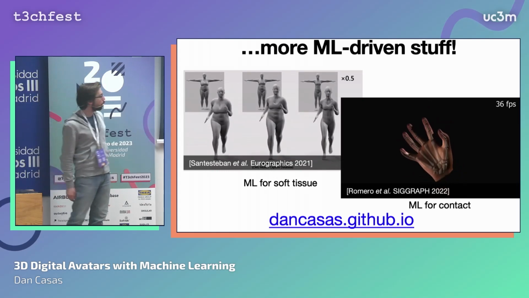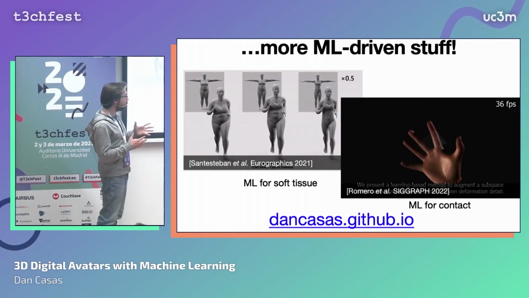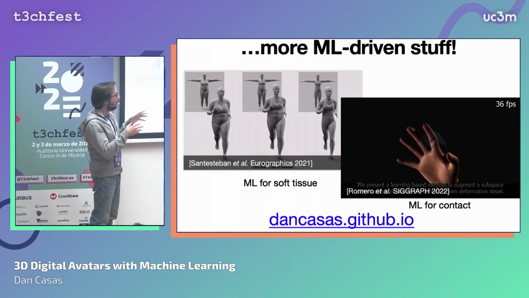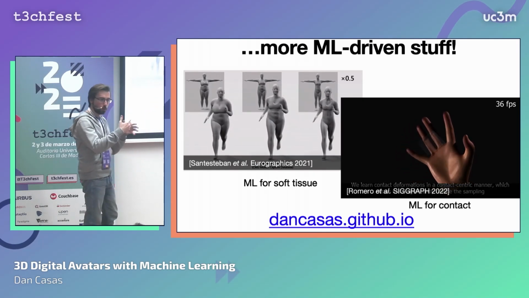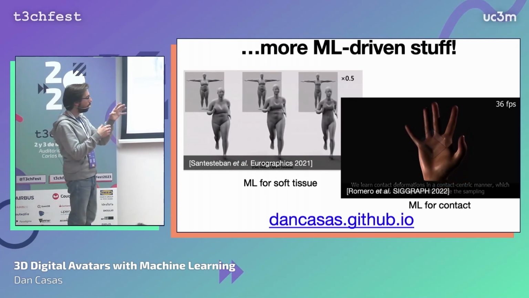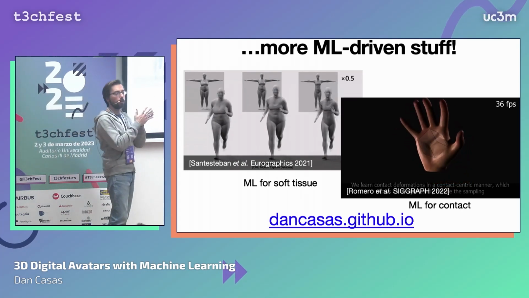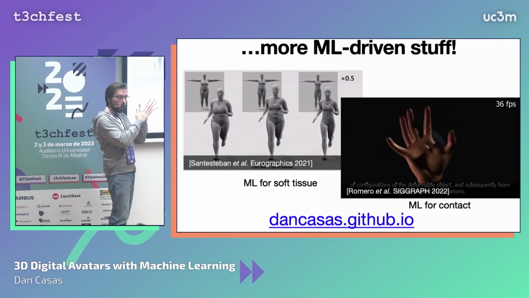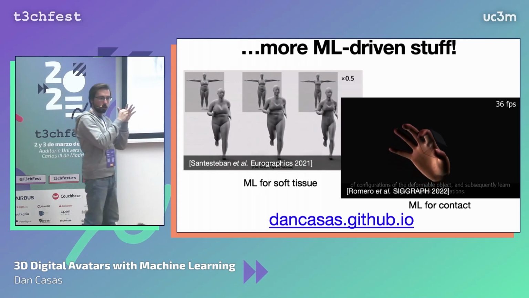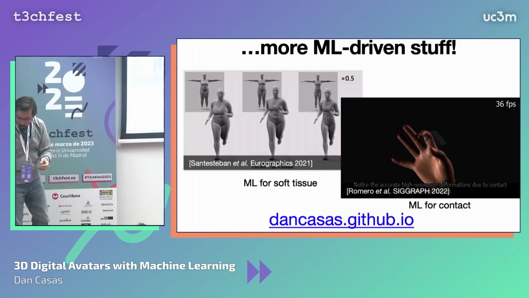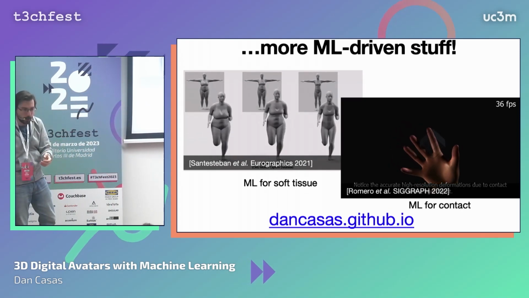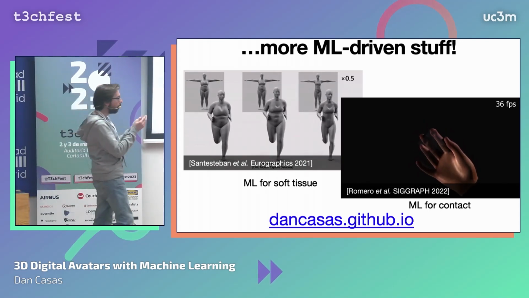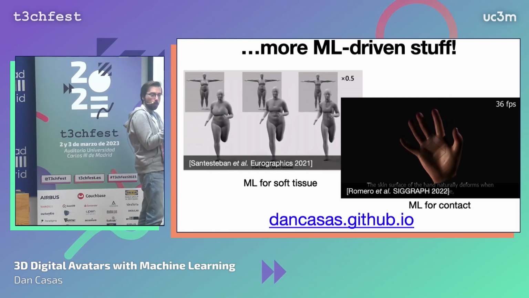And some other projects that we worked on are also related to humans and machine learning. In this other project, we tackle the problem of interaction with virtual objects. Here you have a virtual hand that touches a virtual object. What is really hard to get in this kind of project is the deformation that the hand suffers due to contact, right? This is something that as humans, we naturally assume. For example, when I touch an edge, or when I grab my phone, my fingers deform slightly, otherwise I wouldn't be able to grab this.